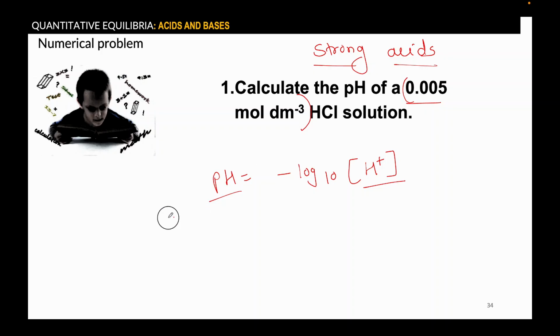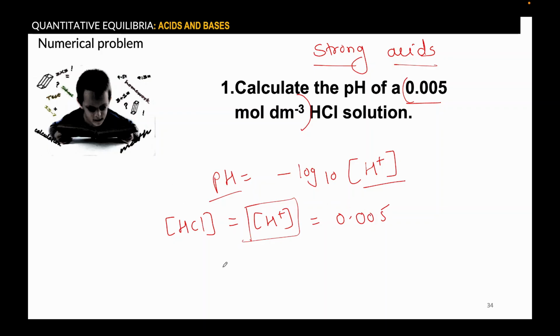Whatever concentration is given for the acid is equal to the concentration of H plus, because HCl is a monoprotic acid and a strong acid, which completely dissociates into hydrogen ions. So the concentration of HCl is 0.005, which means the concentration of H plus is also 0.005.